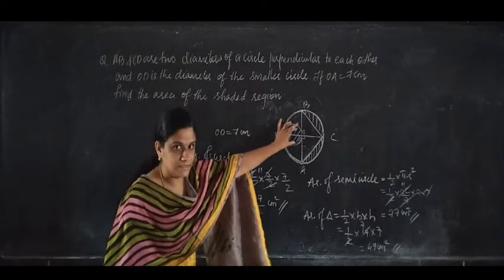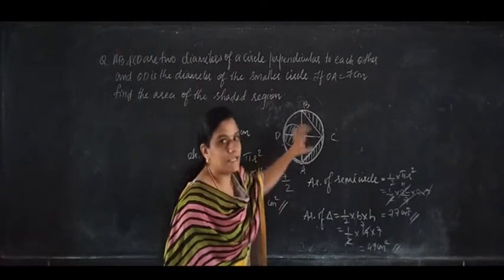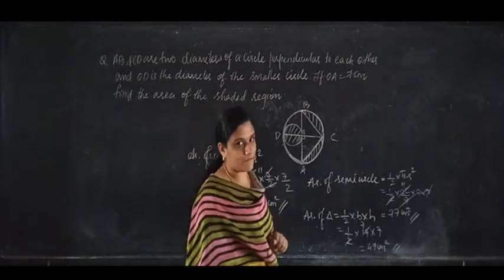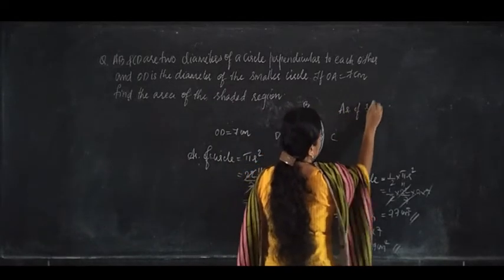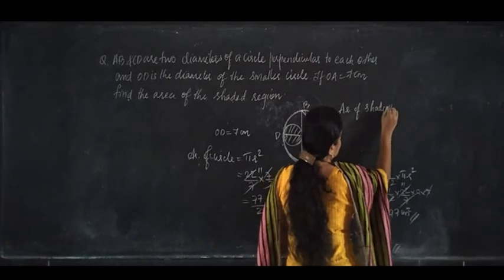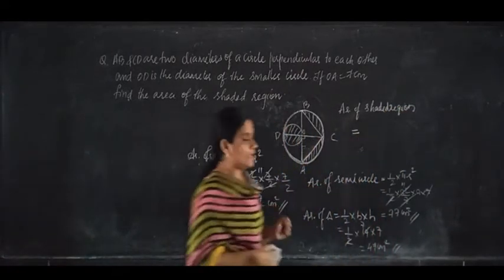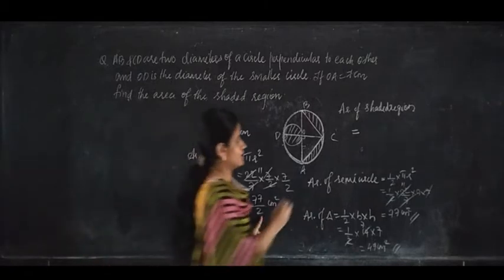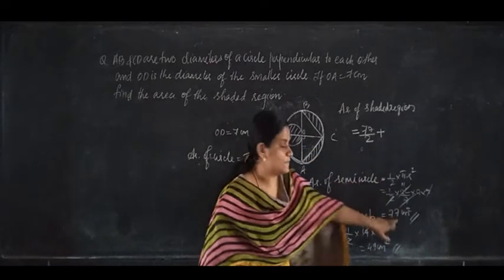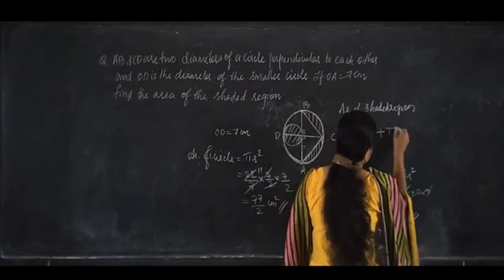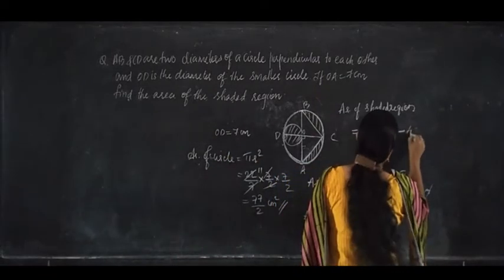Area of small circle plus area of semicircle minus area of triangle. So we are going to find that. Area of shaded region is equal to area of small circle, which is 77 by 2, plus area of semicircle, 77, minus area of triangle, 49.